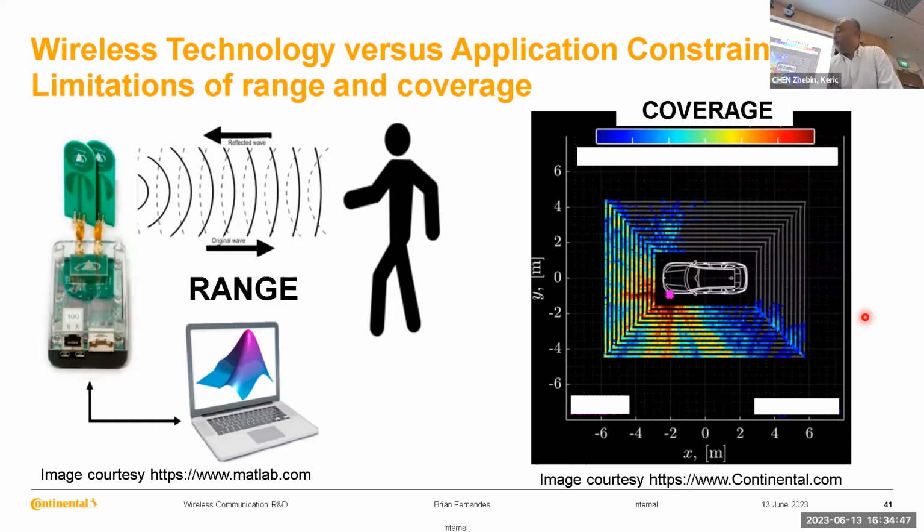But another point also to consider is, where are we positioning the device? So for example, here, if you position the device here, we only have a coverage in this direction. So if you were to be standing here, for example, we can't really do any ranging because there is no wireless signal there. And this would then give us good justification to have multiple transceivers around the vehicle. And this is one of the reasons why we do this.